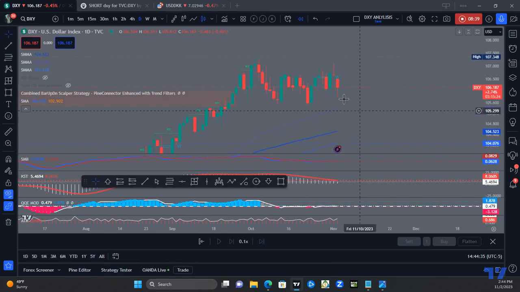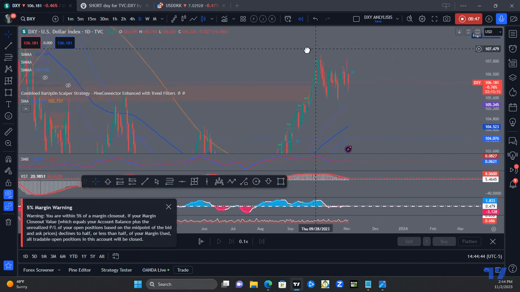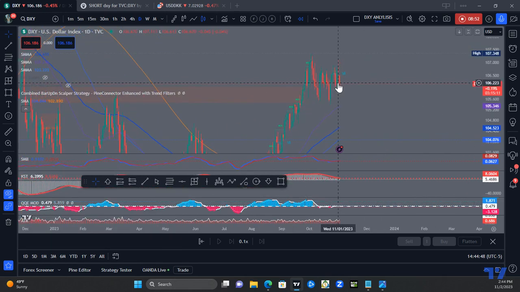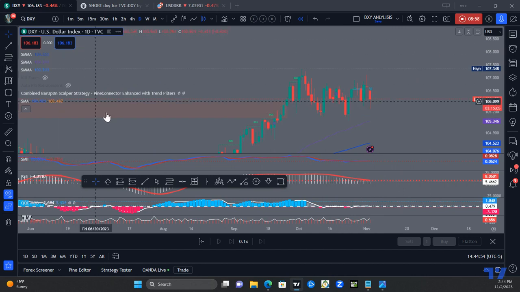So back to look at this price action around this area at 107, how it's just slowing down, slowing down. And this is November. And we just gonna let the replay mode play.